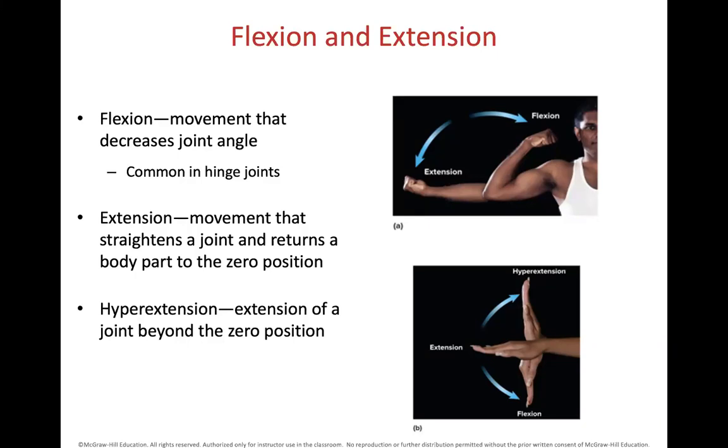There's also hyperextension, which in your elbow is not a good thing. Your knee, not a good thing. But other parts of the body can hyperextend, and it's not a problem. Your wrist is a good example, like on this slide. Extension would be zero position. If you flex your hand or your wrist, you're decreasing the angle here. That's going to be flexion, extension back to zero position.